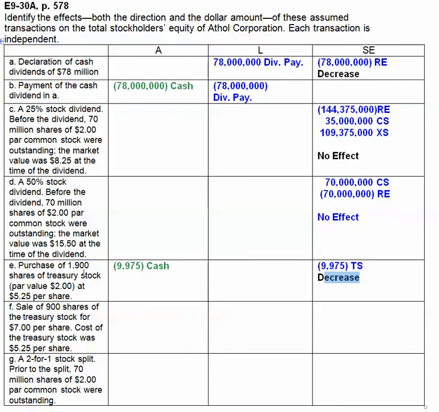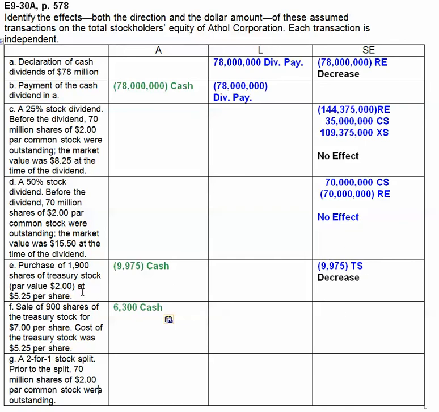If you turn around and sell some of those shares, 900 in this example, you're going to receive $7 per share for those 900 shares, 7 times 900 to get to the 6,300. Now what we're going to end up crediting here is this treasury account.